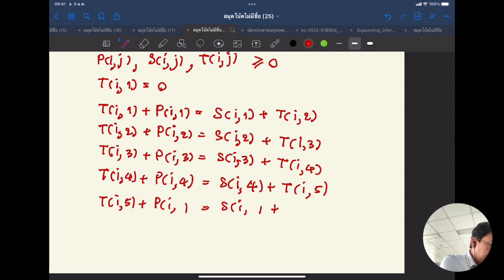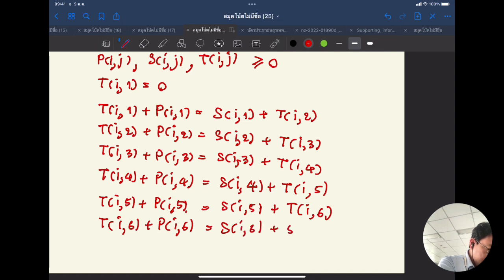It should be 5 first, then 6, and then the last one in June, plus 50. 50 is required to stock 50 of each type of product at the end of June. So we must maintain 50 for each product.